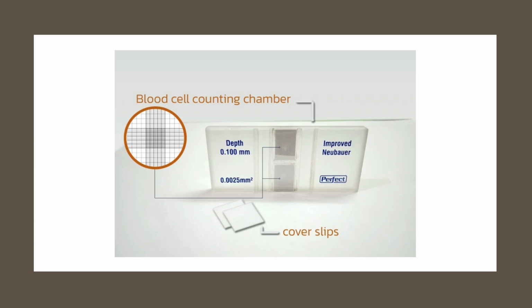Now, if we focus this counting grid under the microscope, it will look like this. This is what we see if it is focused under the low power objective, and we can see this counting portion.